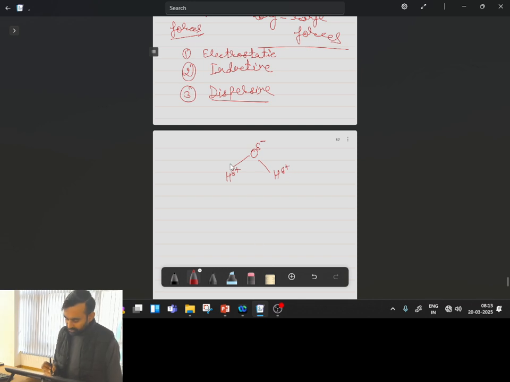Because of this, there will be a permanent dipole existing in this molecule. Whatever effect is caused by this permanent dipole comes under the category of electrostatic forces. So ultimately what will be happening?